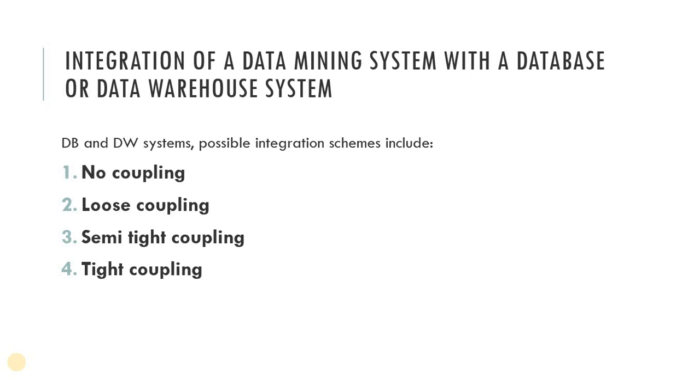Data mining queries and functions are optimized based on mining query analysis, data structure indexing, schemas, and query processing methods of the database or the data warehouse system. So here the data mining system is completely integrated with the database or the data warehouse.